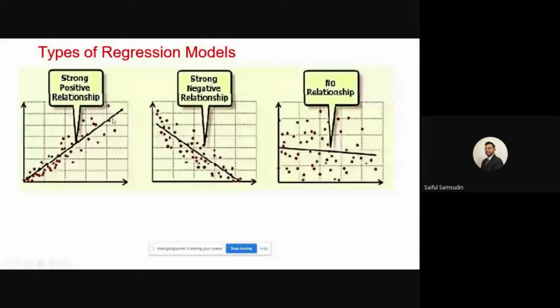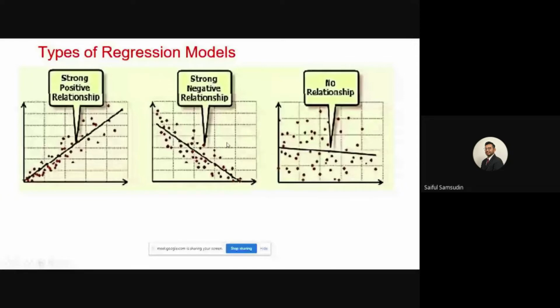If we get this graph, we can get an almost perfect model and we can use it as our prediction model. The second is the strong negative relationship. It is the opposite of the strong positive. When X is low and Y is high, we get the strong negative relationship.